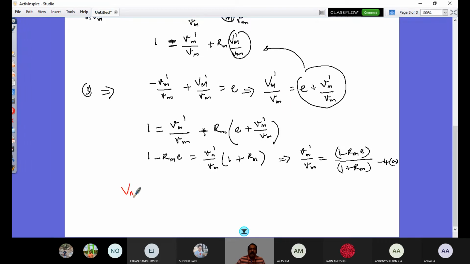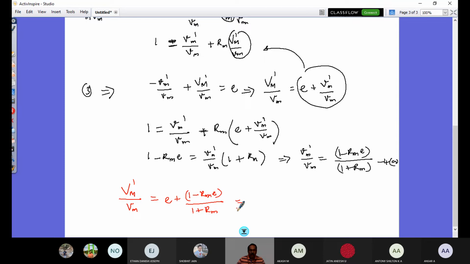Capital Vm dash by small vm is going to be E plus this term, which will be replaced by equation 4a, that is 1 minus Rm E by 1 plus Rm.